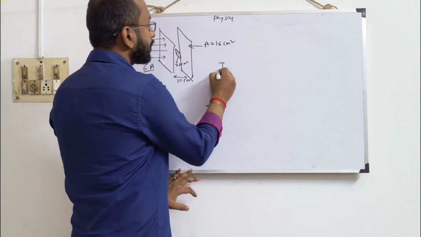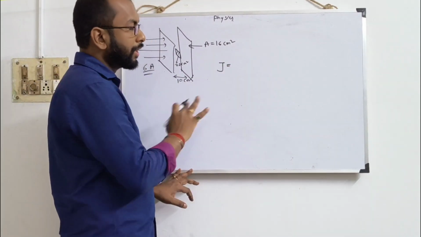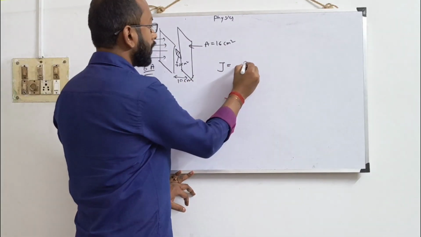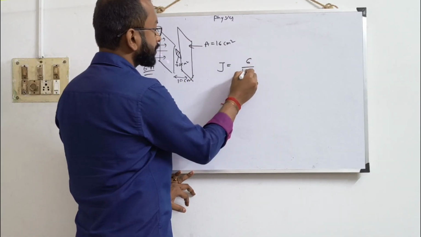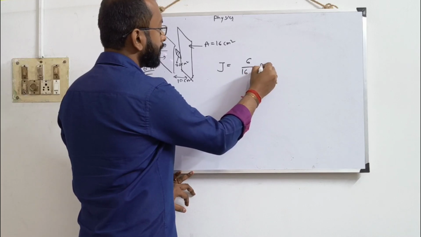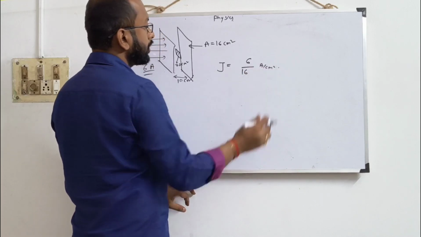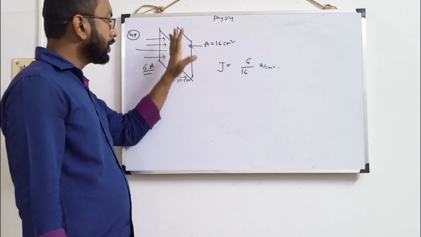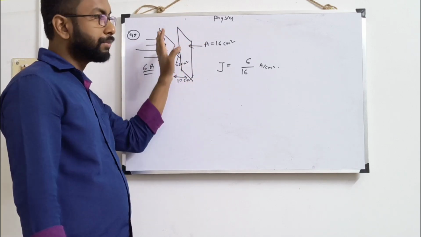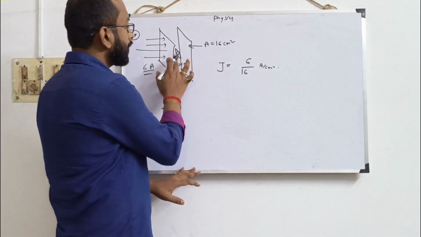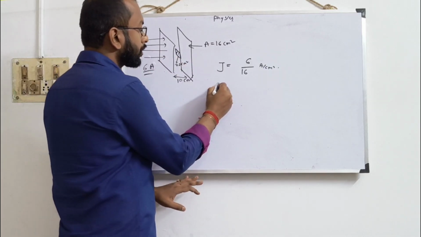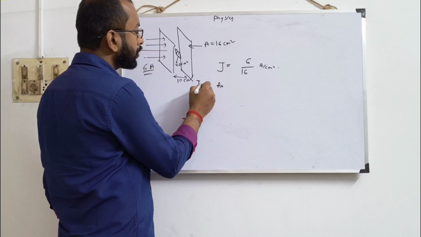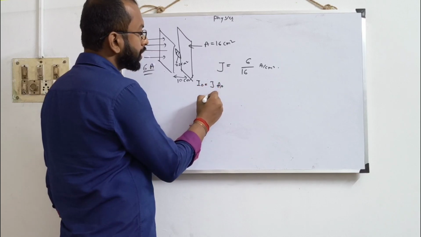So it is very simple to find out the value of the current density through these plates. Current density is 6 ampere by 16 centimeter square, so it is ampere per centimeter square. You can consider the same current density will be applicable for any cross section area that is placed between this. So the current density for this small cross sectional area will also be J. So the current through this small cross sectional area will be J into A naught.